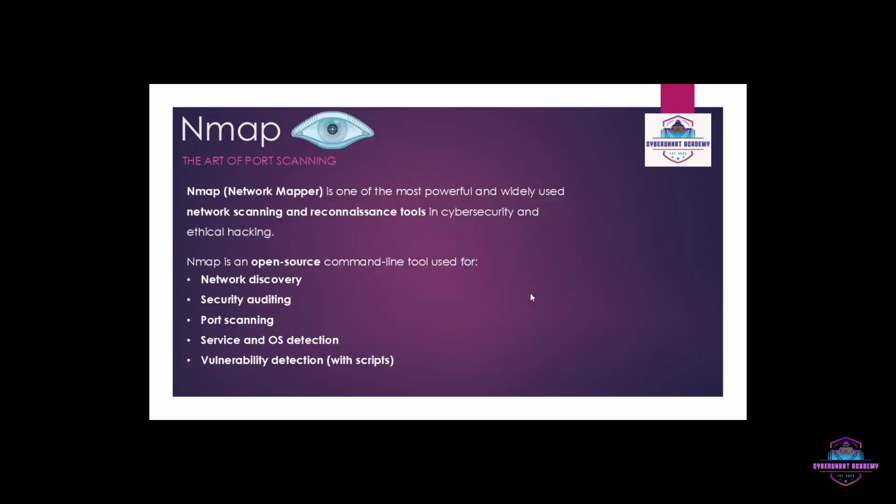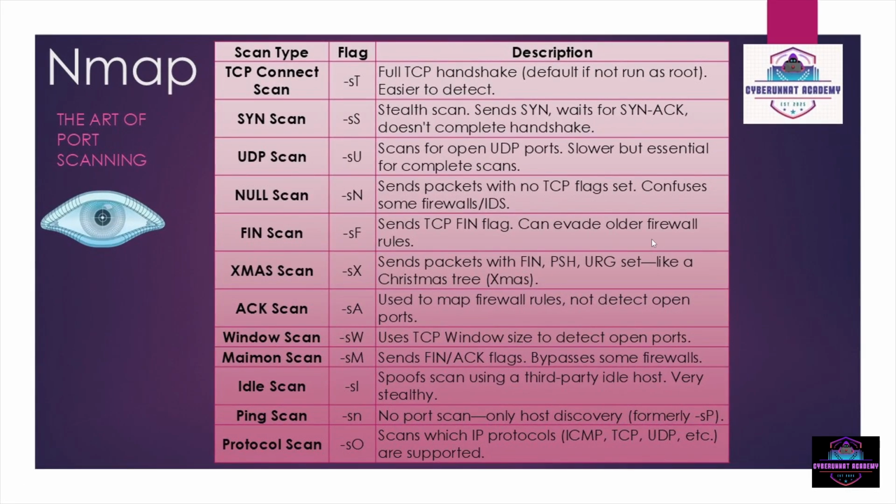I'll summarize these types again to help your understanding. TCP Connect scan is a full TCP handshake, the default if not run as root, and easier to detect. SYN scan is a stealth scan: it sends SYN and waits for the SYN-ACK. It doesn't complete the handshake, which means it is faster than TCP Connect.